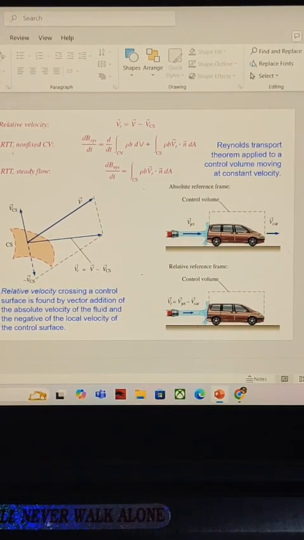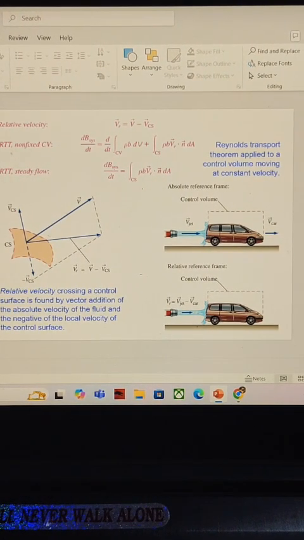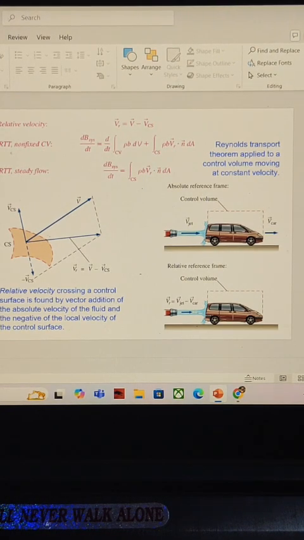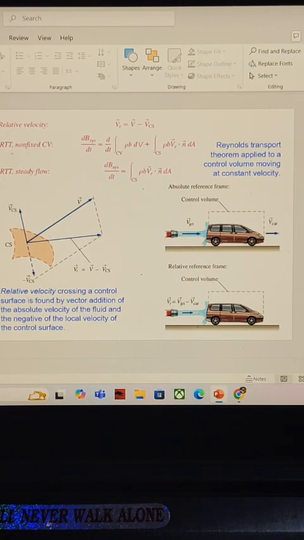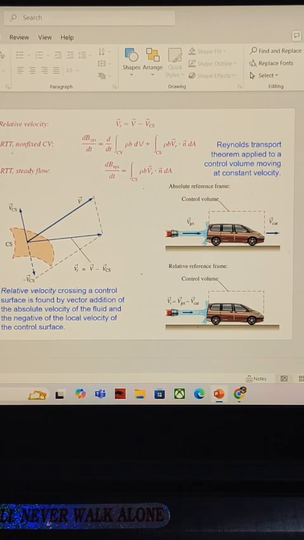In the diagram, the absolute reference frame shows a stationary observer measuring the velocity of the jet and car. In contrast, the relative reference frame accounts for the car's motion, resulting in a relative velocity of the fluid, V jet minus V car. Understanding relative velocity is crucial for analyzing moving control volumes such as vehicles or jets in real-world applications.